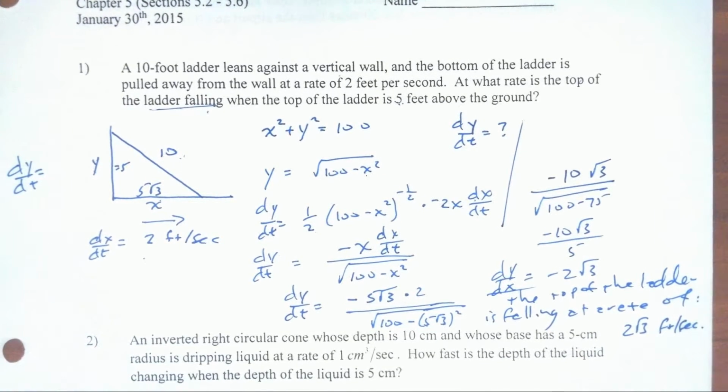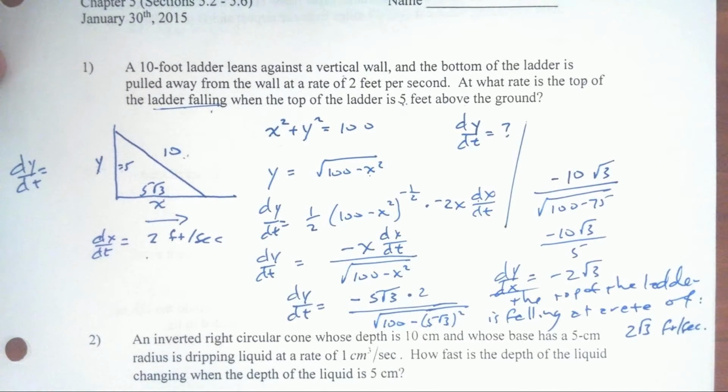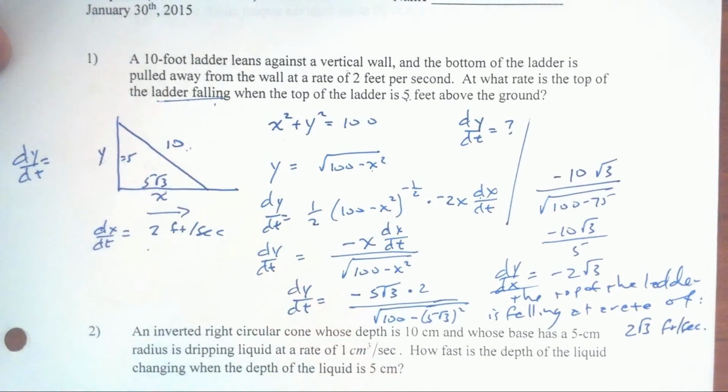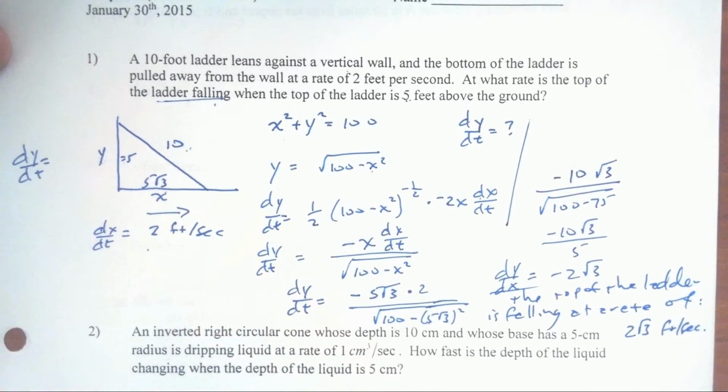Positive. Take into account falling. Okay, so there's our ladder problem. They're all going to be very, very similar to that on the ladder problems. Or if we have a maximized area type problem of a triangle in the first quadrant, we get a lot of little Pythagorean opportunities.